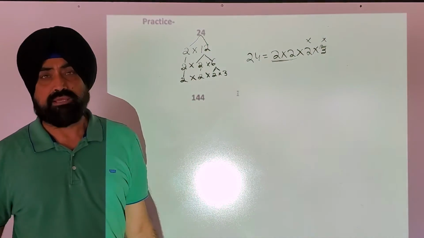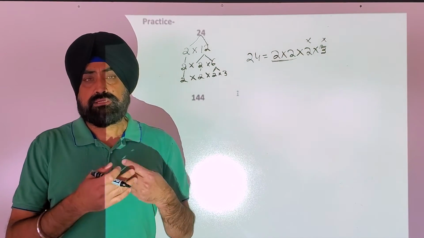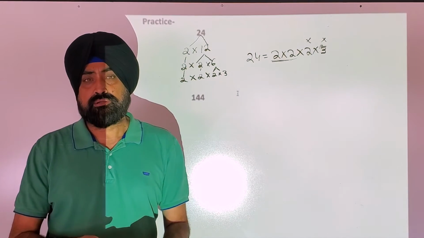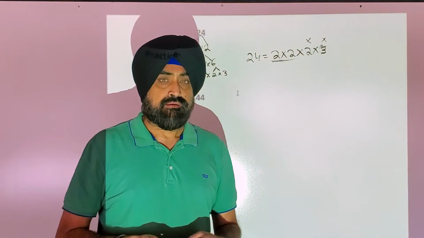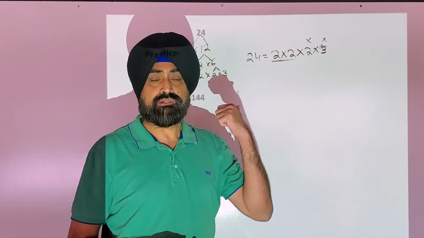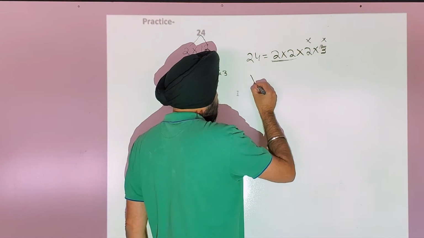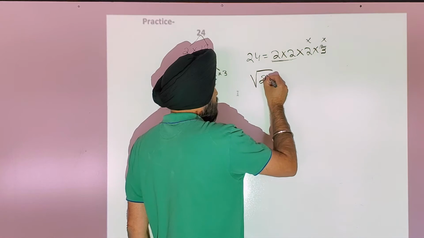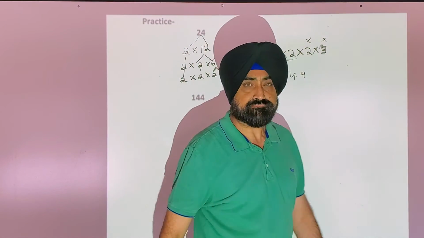So we cannot make pairs for all the numbers. So 24 is not a perfect square. So we cannot find the square root of 24 using prime factorization. So we have to use the calculator. When you use a calculator, the square root of 24 is 4.9 something.